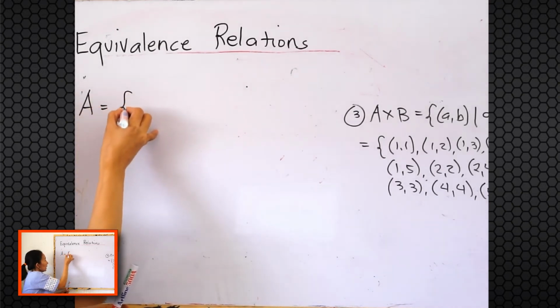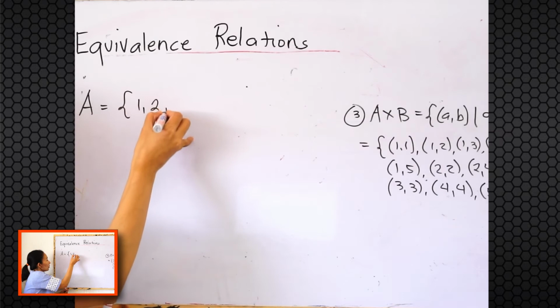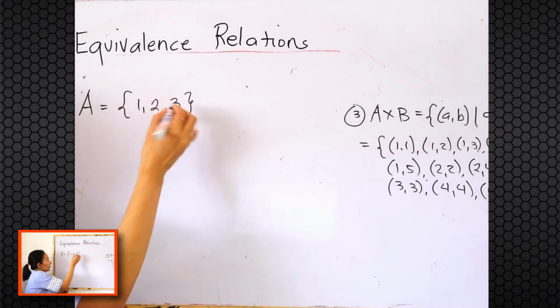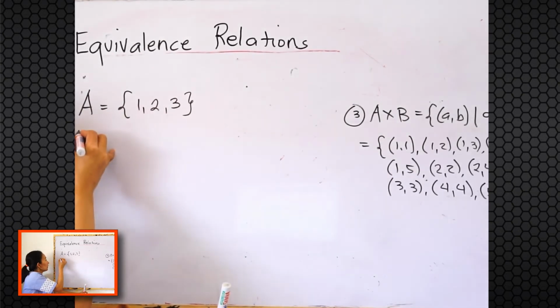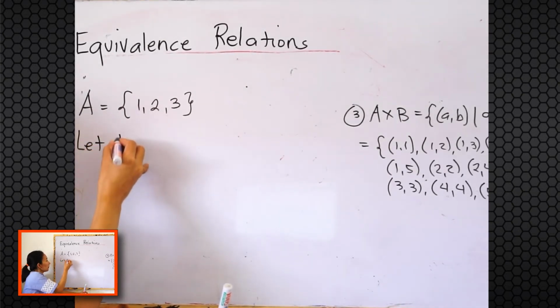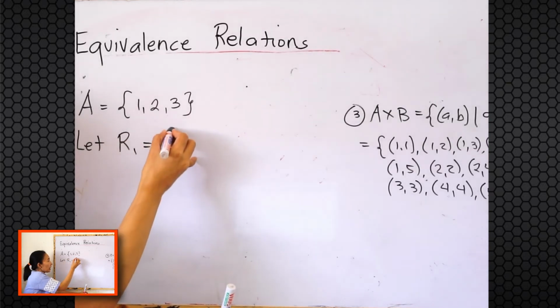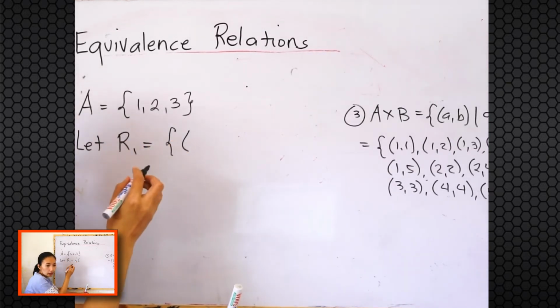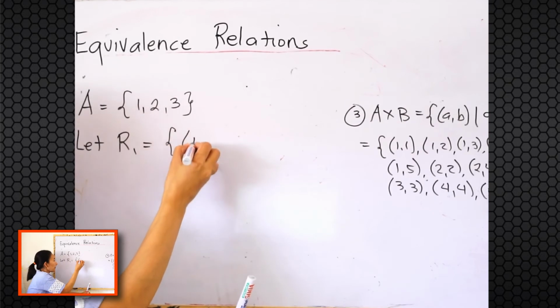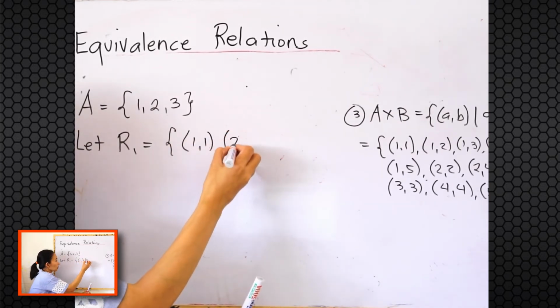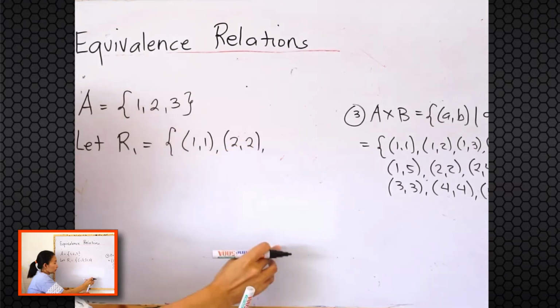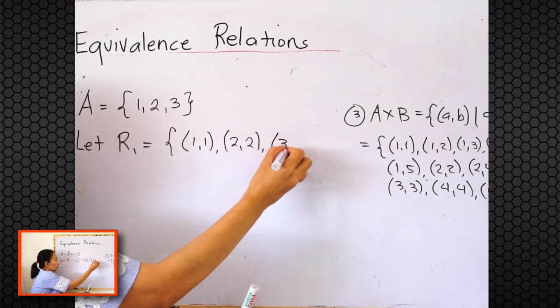And let R1, the first relation, be the set whose elements are (1, 1), (2, 2), and (3, 3).